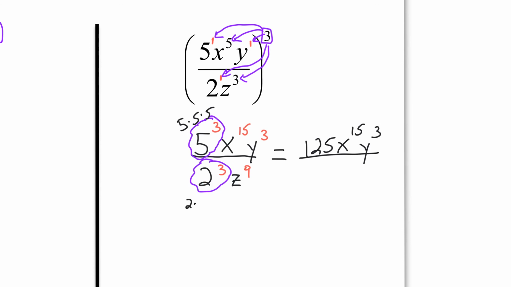That's 2 times 2 times 2. That's going to be 8. And you guys keep the z to the 9th power. Now look at the bases, x, y, and z. Those are not the same variable. They're not the same base. So you guys cannot subtract the exponents. Over here, 125 over 8, you guys cannot simplify. And you guys got the answer. So all of this here is the answer.